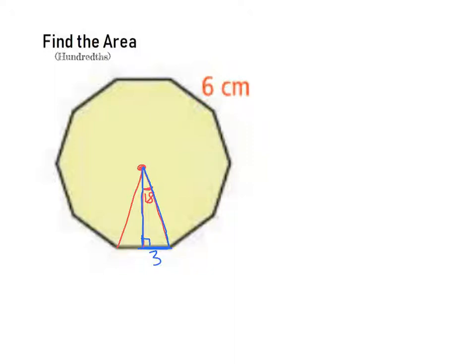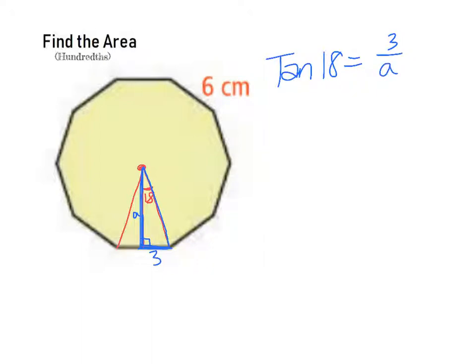Now, remembering that I'm going to have the apothem at some point, I think that's going to be the thing I need to find. So let's put a little A for apothem. And I'm going to use this 3. What do you think? Is that going to be sine, cosine, or tangent? Tangent it is. Tangent of 18 degrees is equal to opposite over adjacent.